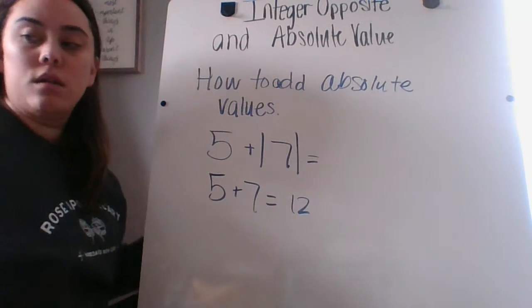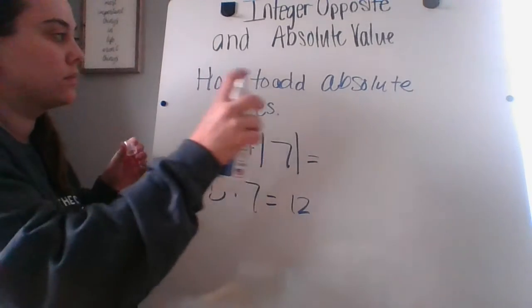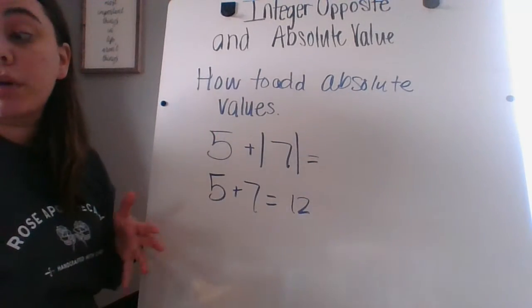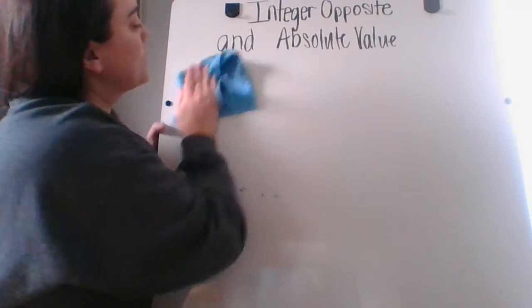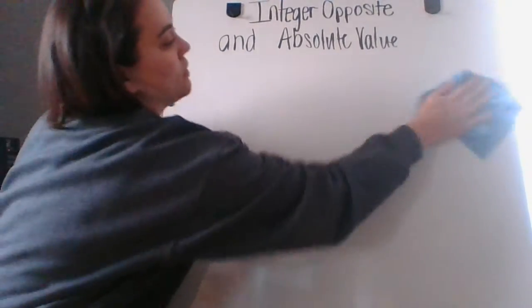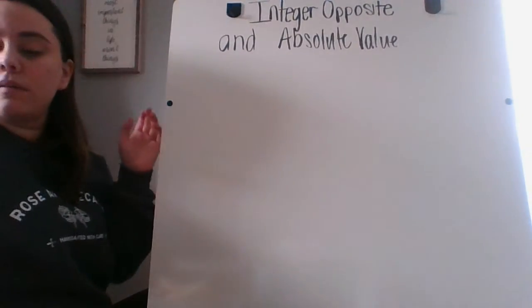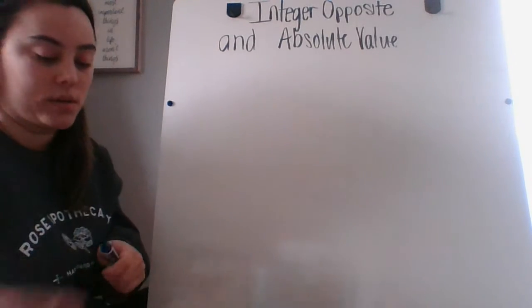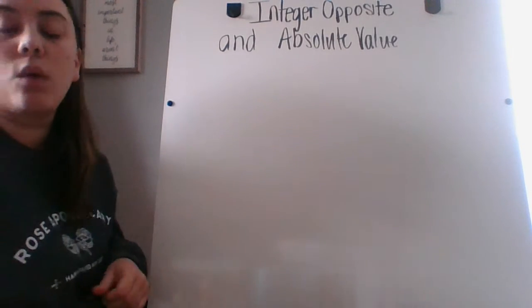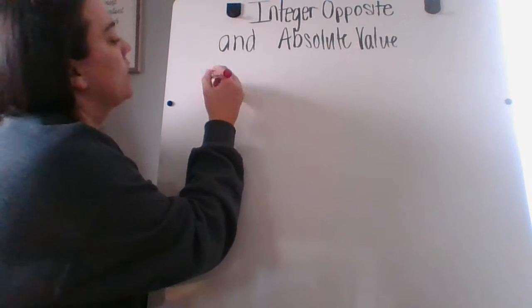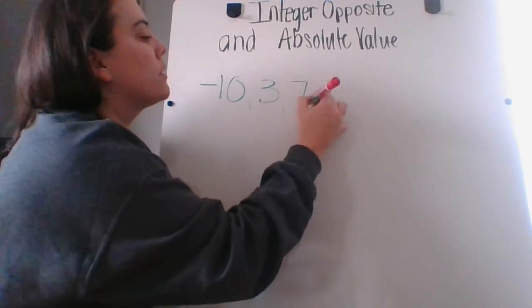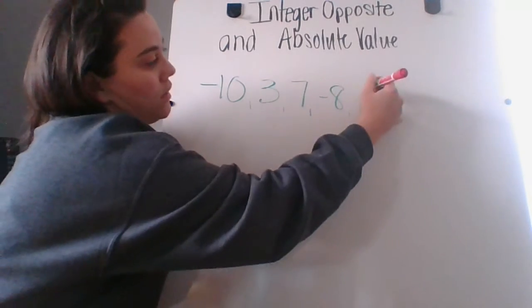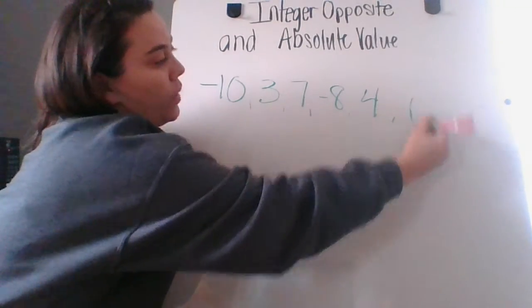So now let's talk about ordering numbers. If I was given a set of numbers to order, such as, let's say, -10, 3, 7, -8, 4, and 1.